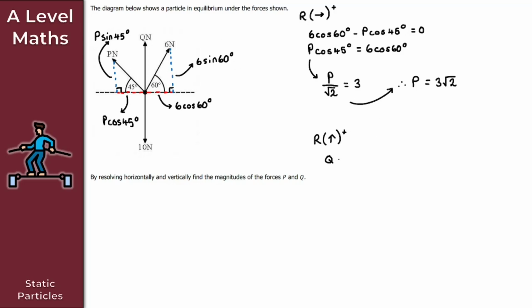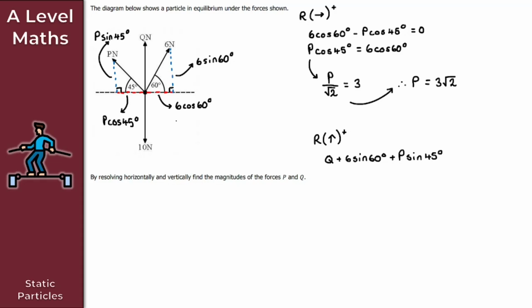I get Q plus 6 sine of 60 degrees, like so. And again, I've also got this vertical component here of P sine of 45 degrees. So plus P sine of 45 degrees here. Okay. We have no more forces now acting vertically upwards.